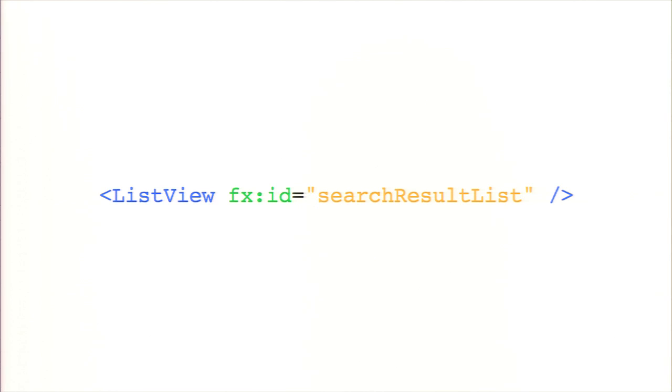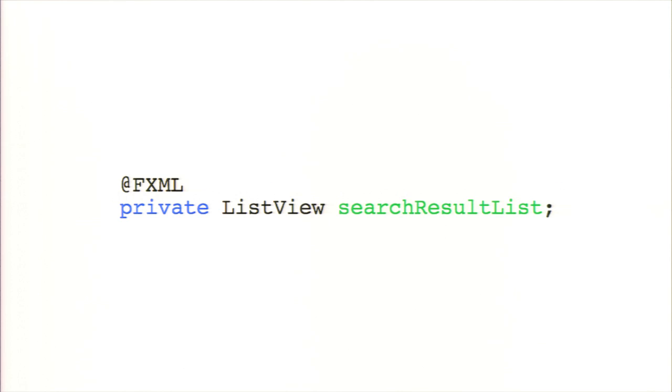So how do you hook it up? In the FXML, you can define a special attribute id, for example, searchResultList. You can specify this in the Scene Builder. For example, there's a text field where you can add the ID, and then it's put into the FXML code. In your Java code, you have a field in the controller which has exactly the same name.